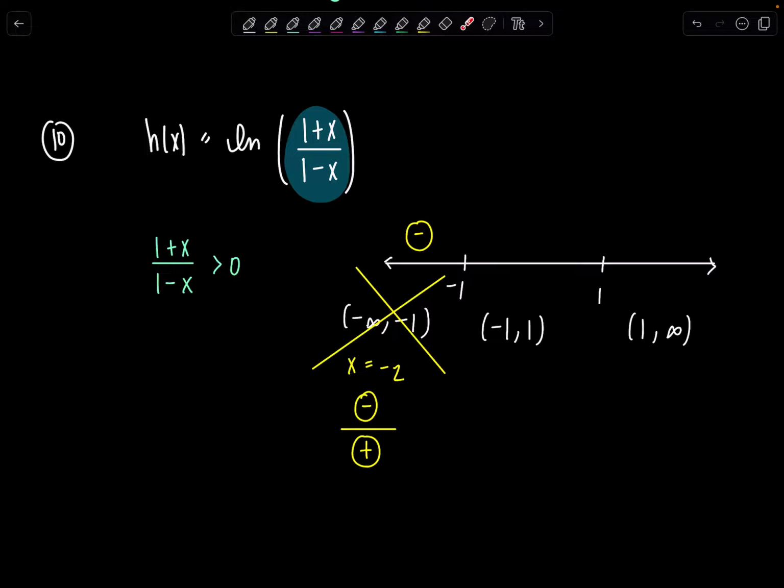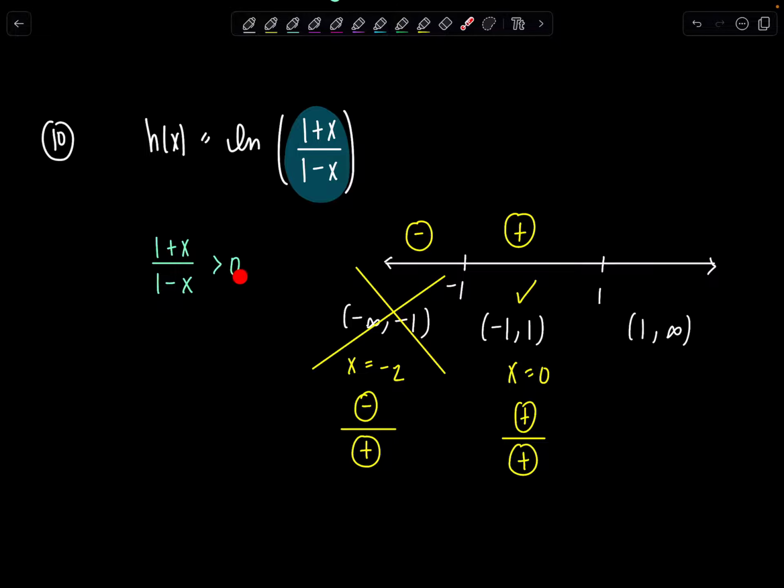So next interval, between -1 and 1, I would choose to test with maybe x equals 0. That sounds nice. 1 plus 0, that would be positive. 1 minus 0, that's also positive. A positive divided by a positive is positive. So this interval is part of my domain. That satisfies the inequality.